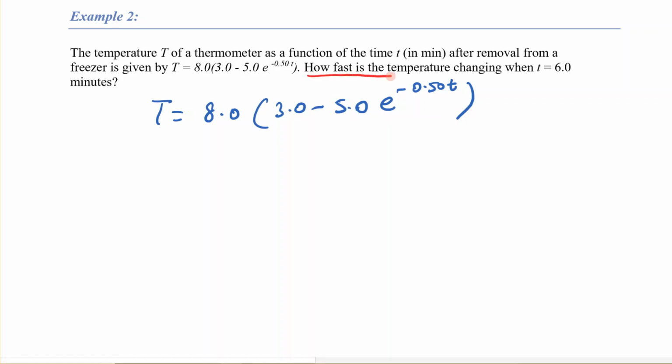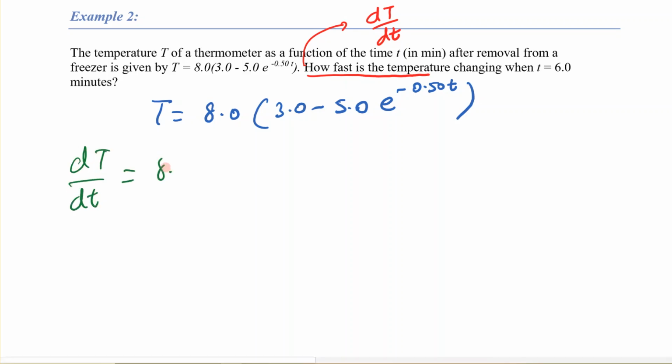So how fast is the temperature changing? It means we need to find dT over dt, so the rate of change of temperature. So let's start with taking the derivative with respect to t on both sides.